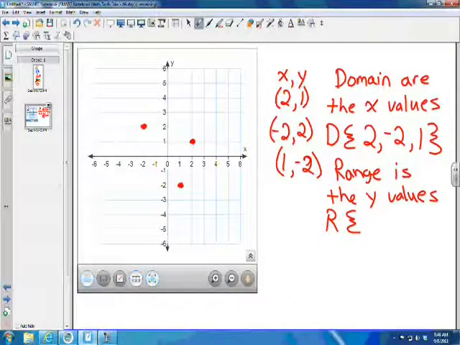Anyone? 1, 2, and negative 2. So looking over at your homework problems on page 62, that's a lot of what you're doing on here. They're just going to give you 3 or 4 sets of numbers. You list the domain and the range. Okay? Domain are the X values. Range are the Y values.